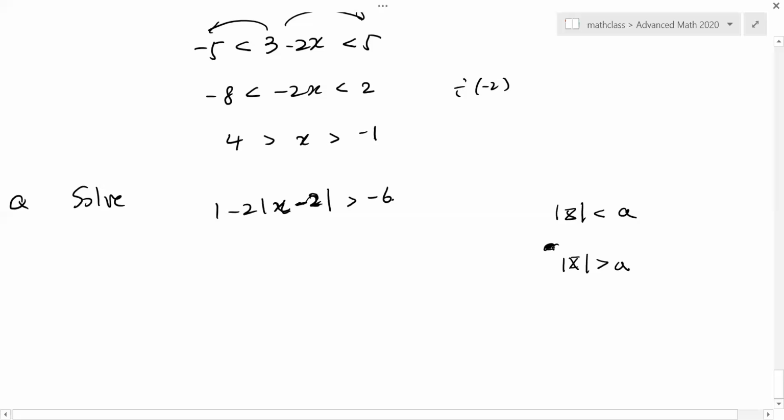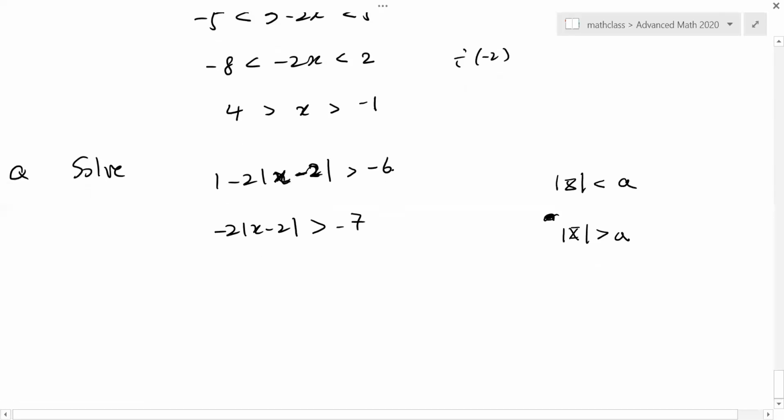So let's simplify this inequality. Keep the absolute value very simple. You have to move 1 to the right-hand side, and then -6 minus 1 will be -7. At this moment, you still cannot remove the absolute value symbol.